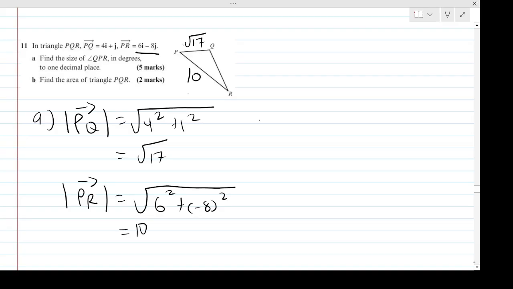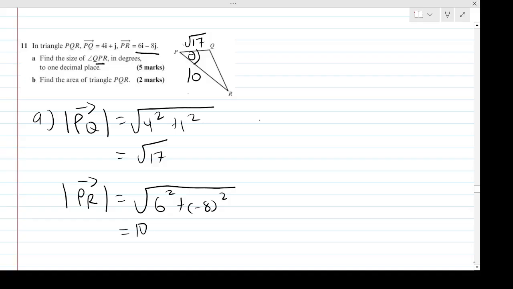Obviously the size of angle QPR, so P is in the middle, so the angle is going to be at P. I'll call that theta. Well, think back to when we did trigonometry. We used the cosine rule or the sine rule to work out angles of a triangle.